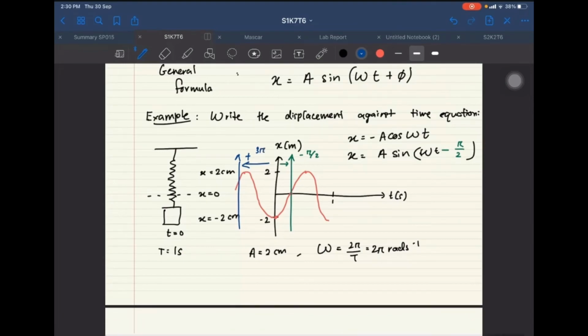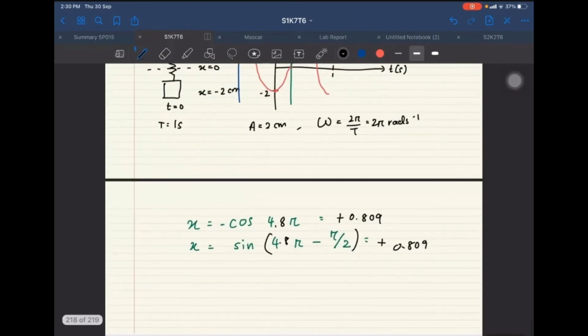1.5 pi. So at the same time, you can also write this one as x equals a sin omega t plus 3 pi over 2. Okay, to check whether this is the same or not, you can always double check down here.